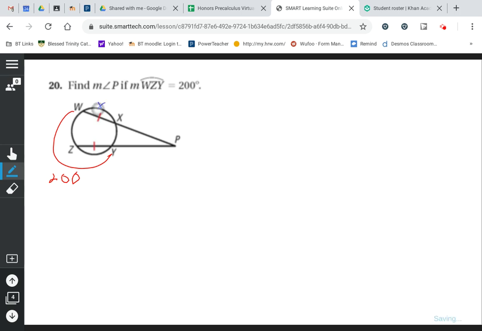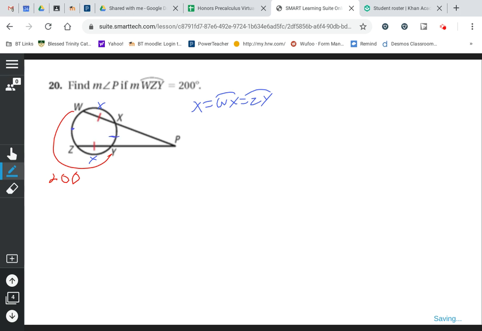So I'm going to call WX X, and ZY is X as well because they're congruent. So X is equal to arc WX, which is also equal to arc ZY, and what that allows me to now find is WZ and XY.